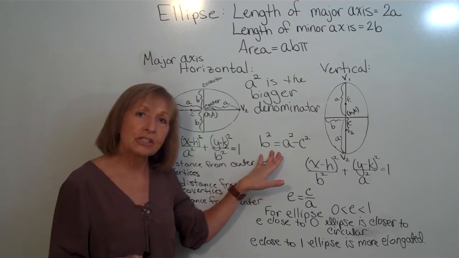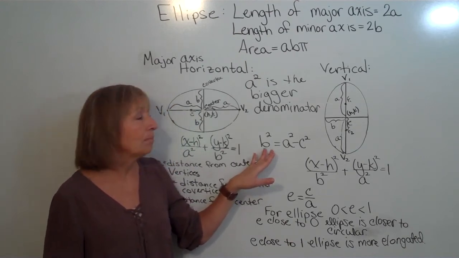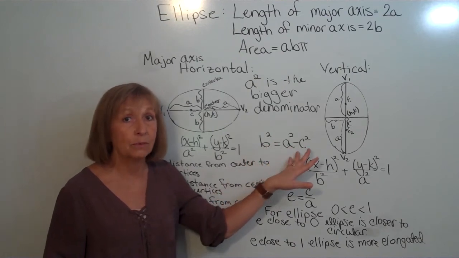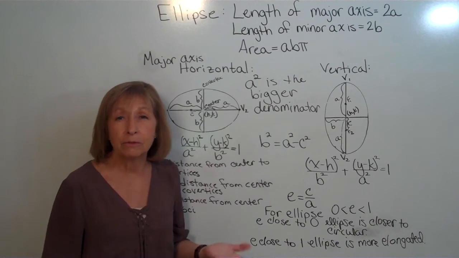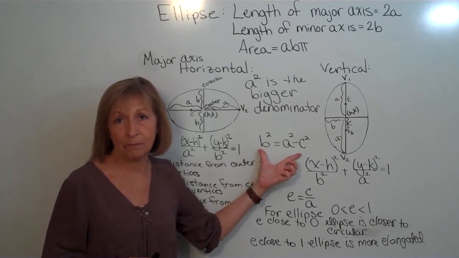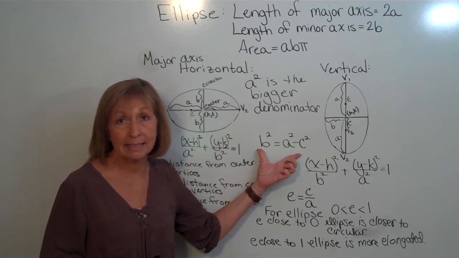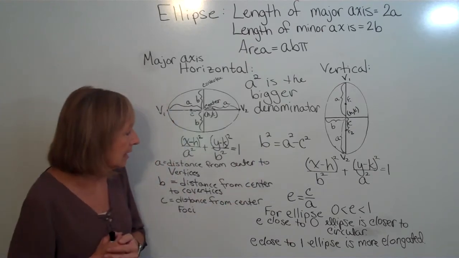The connection between your a, b, and c for an ellipse is that b squared is equal to a squared minus c squared. So if I have two of the three and need to find the other one, I use this relationship and can find the missing one that I need.